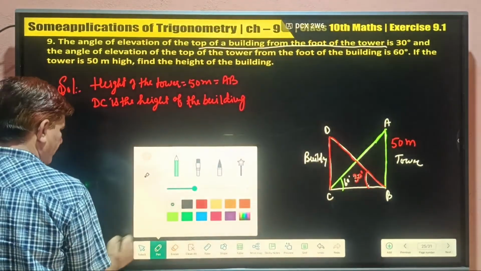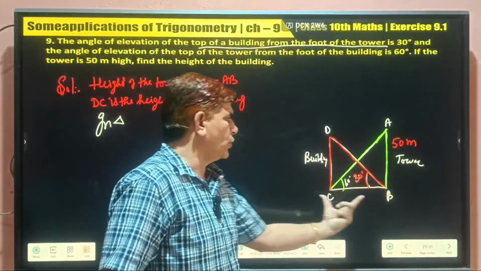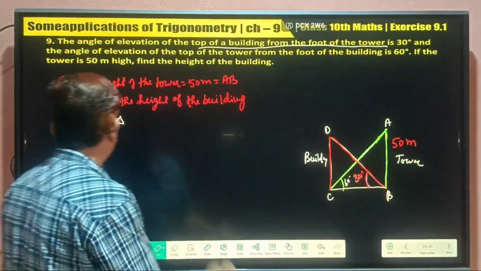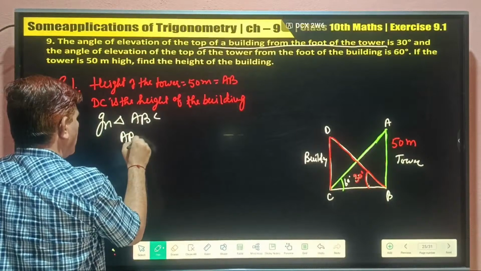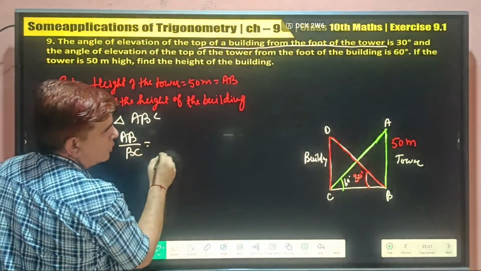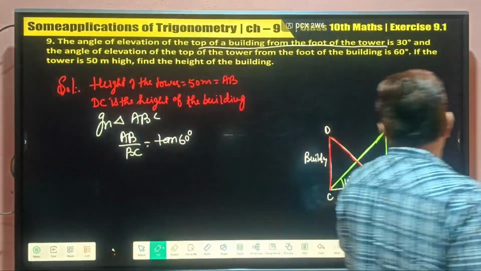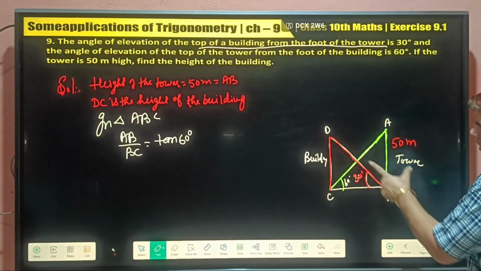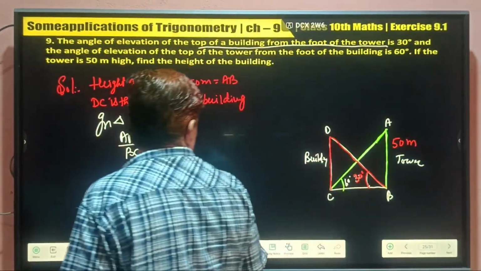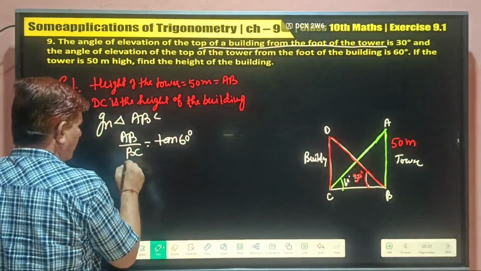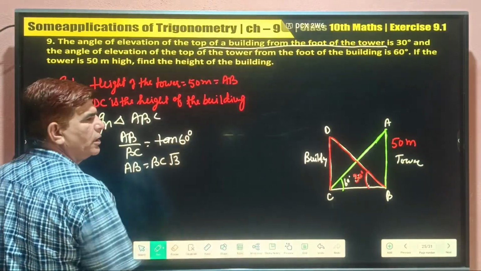In triangle ABC, because first we have to find BC, AB by BC is equal to tangent 60, opposite to perpendicular, the third one is the base. So AB equals BC root 3.